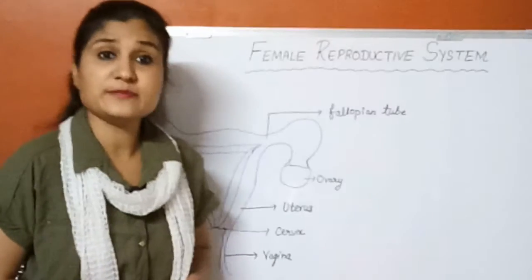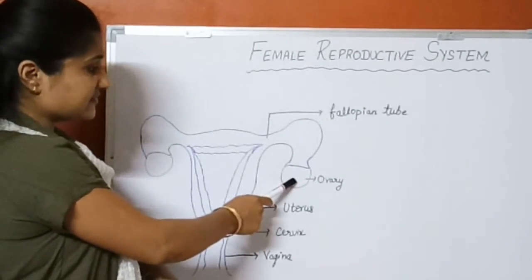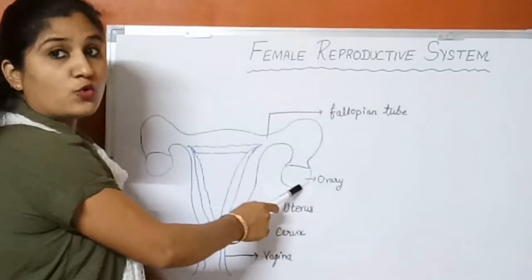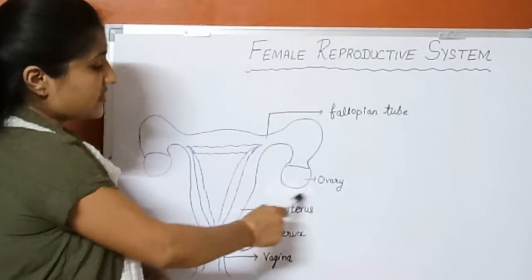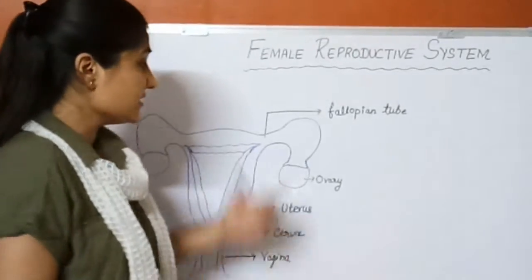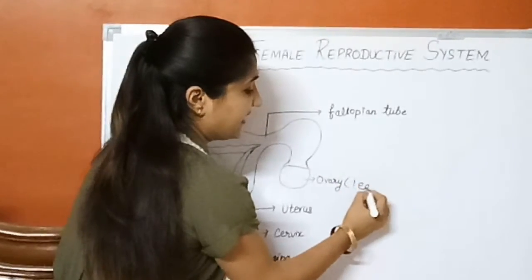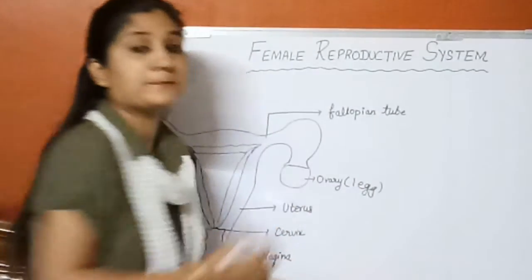Now the female reproductive system consists of two ovaries. The ovary is nearly spherical in shape, and these ovaries produce one egg every month.